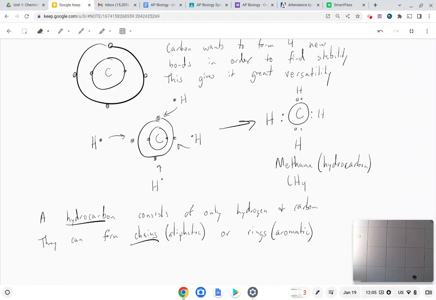So that's how they got the name aromatic, those rings. So I would draw examples, but I don't think we need to. Just see the reading for that. You'll see examples of rings versus chains.